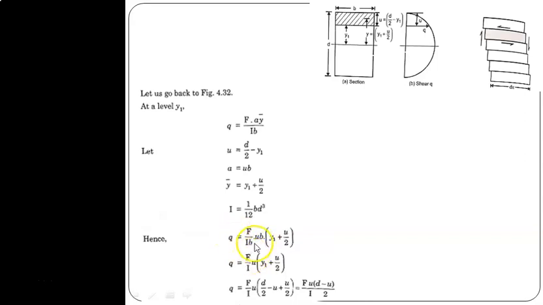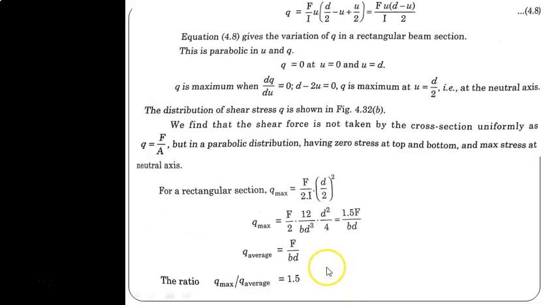Now in F divided by I, b cancelled, therefore u into y1 plus u by 2. Therefore q is equal to F by I into u into d by 2 minus u plus u by 2. So finally the equation becomes F into u of d minus u divided by 2I. So q is equal to F into u into d minus u divided by 2I.